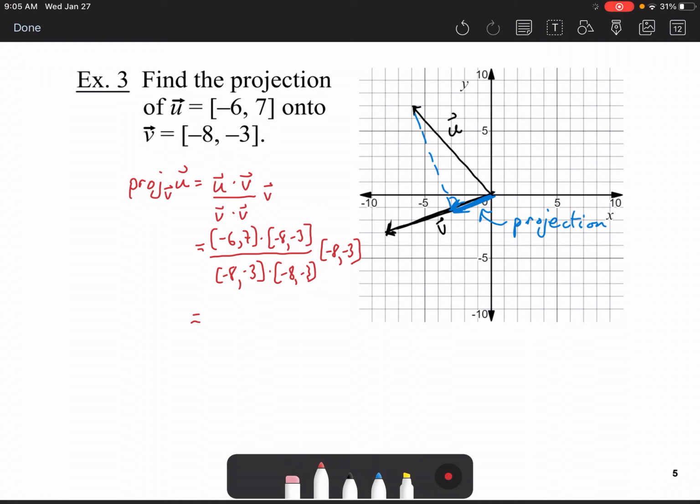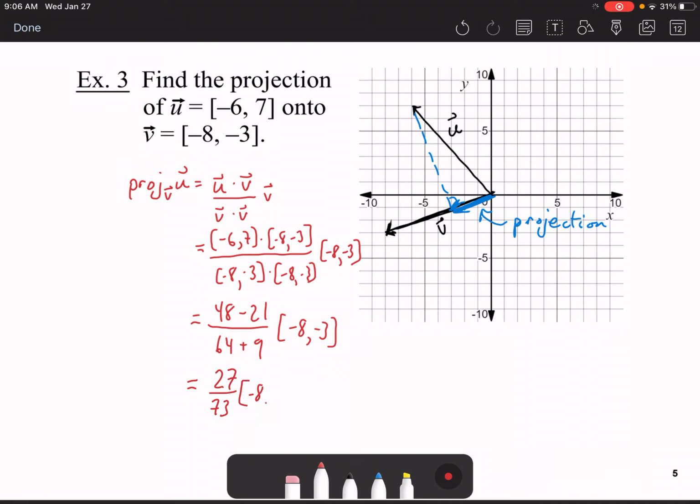So let's work this out. This turns out to be 48 minus 21 over 64 plus 9, multiplying that by the vector negative 8 and negative 3. So this is going to be 27 over 73 of the vector negative 8, negative 3.